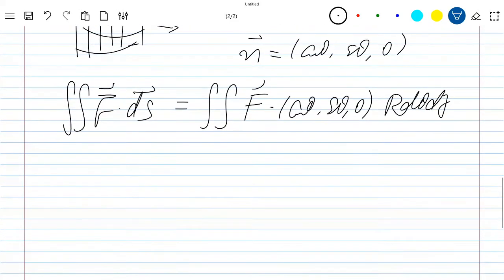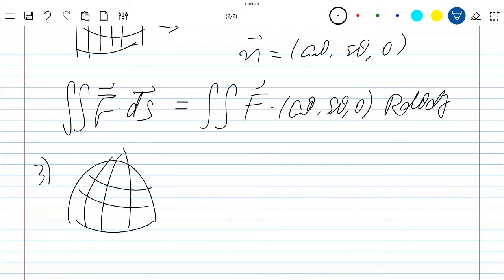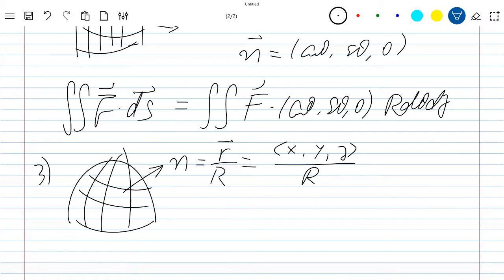And if you have a sphere, then n would be, let's say, the position vector r divided by the capital R, the radius, which means x, y, z over the radius.